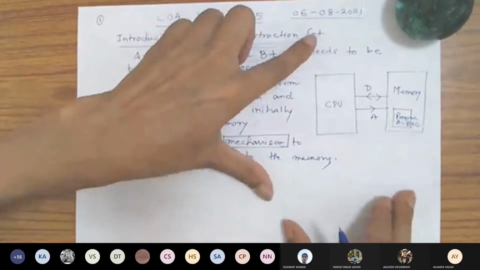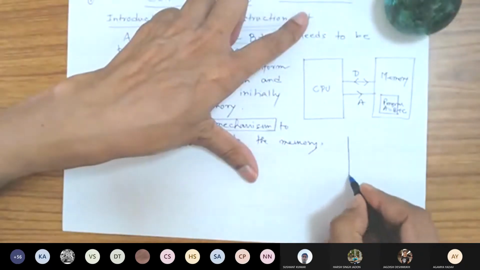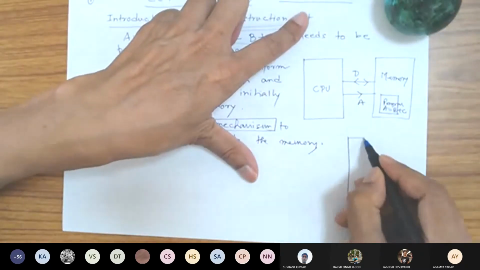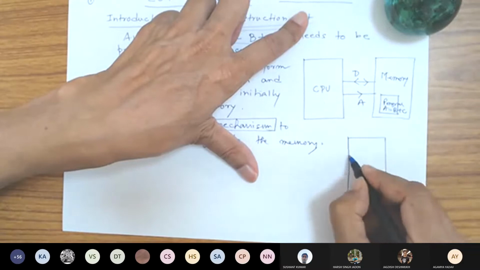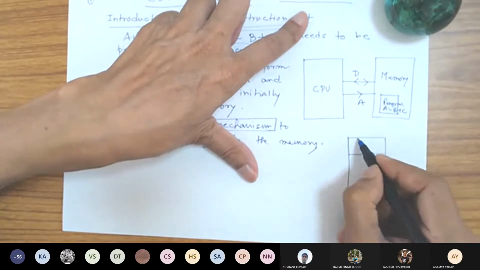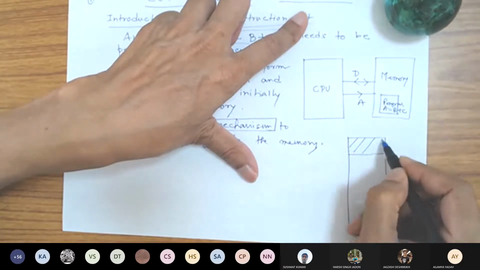So now if I draw a more precise conceptual diagram, it looks like this.